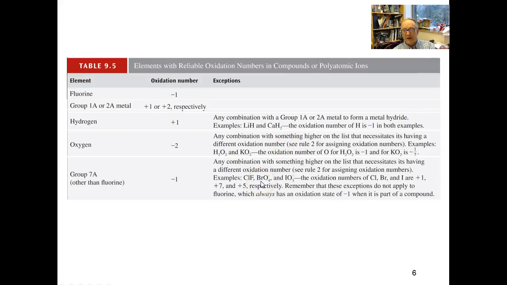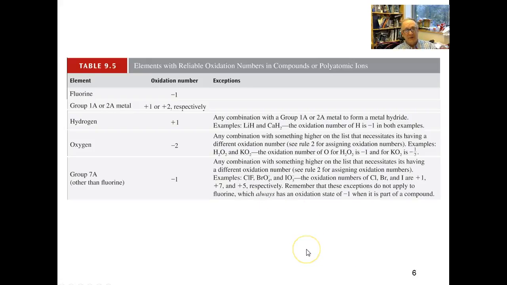Group 7A, other than fluorine, is going to be -1, except when it's with some other halogen, and then it may have some other oxidation numbers, and we'll see those later on. Fluorine is always -1. The other halogens are typically -1, but sometimes there are some exceptions, and we'll see those momentarily.